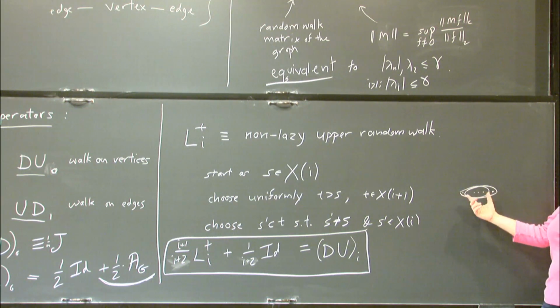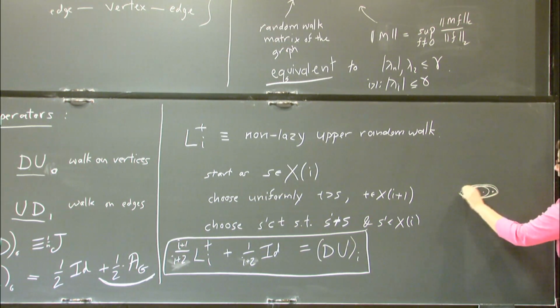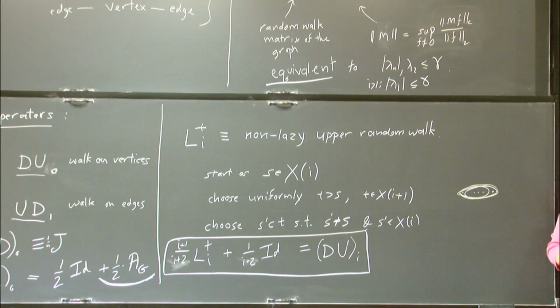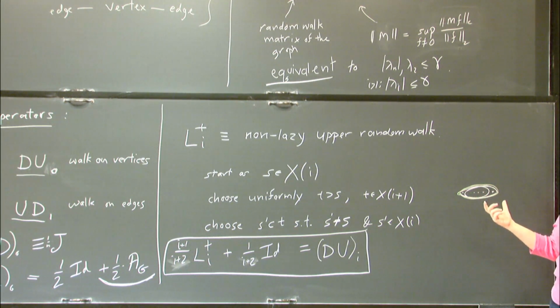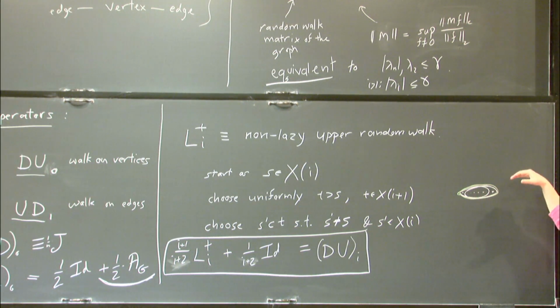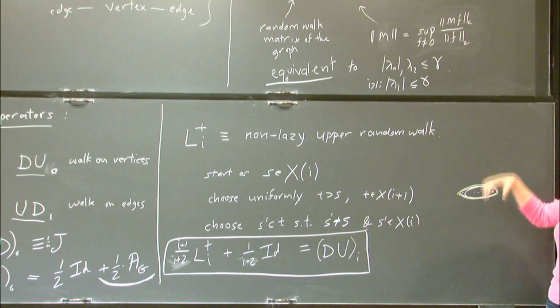This step from this guy to this guy is always allowed when you go down and then up, but it might not be the case that this collection of I+2 elements is inside your complex. So when you go this way, this step might not be allowed. Okay, so this would be the down walk. So the down non-lazy would be what you said. But for the up, you need to see what's above.